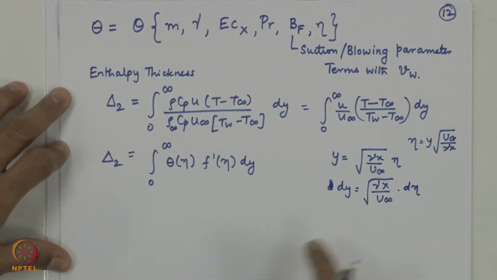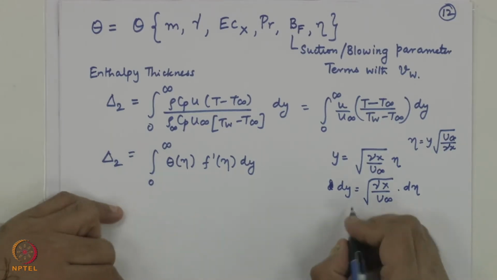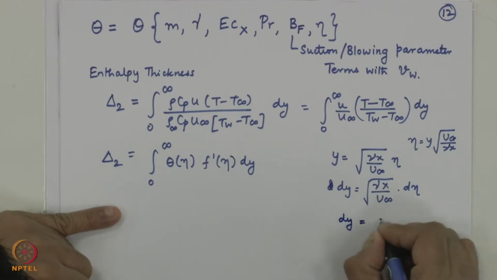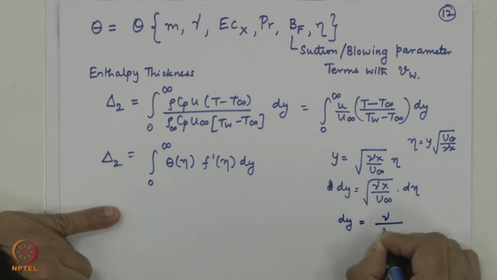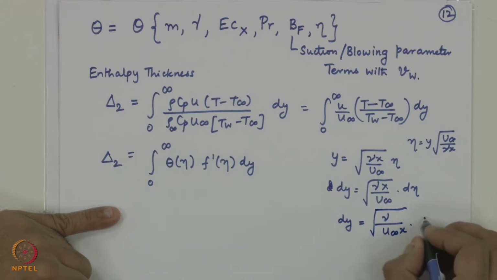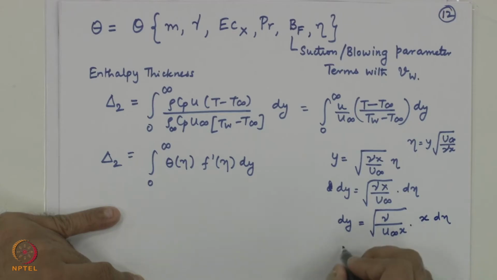If I multiply and divide by x, I would get dy is equal to root of nu over u infinity x times x d eta. Correct? So this is going to be dy is equal to x d eta by root rex.